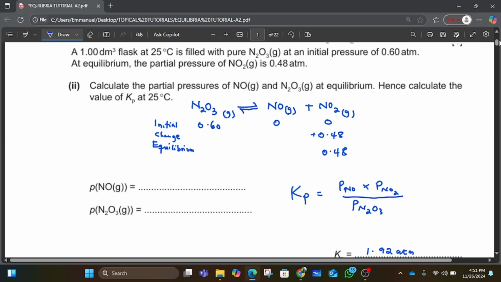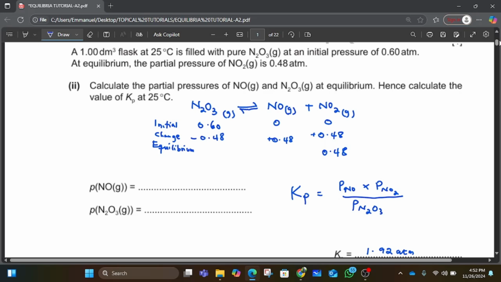Okay. Now, the mole ratio between the NO and the NO2 is 1:1. So it means the change over here should also be 0.48. Okay. But for the reactants, we have to subtract this change from this initial partial pressure. So it means for this one, it will be 0.60 minus 0.48, whilst these ones are plus 0.48.